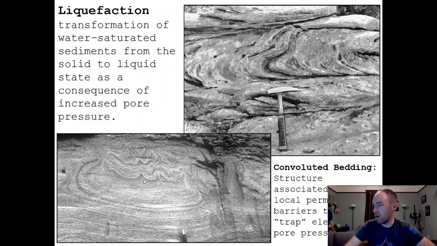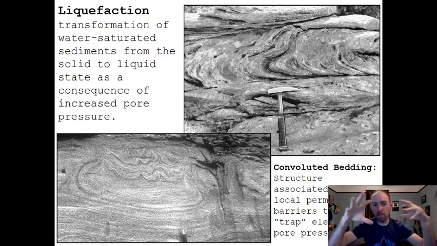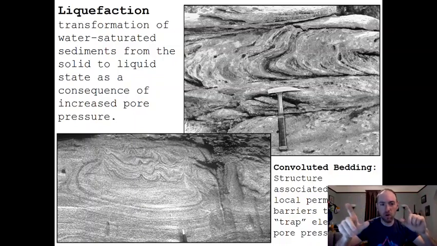You get convoluted bedding where there might be a permeability barrier as this fluidized sediment starts to try and flow, and it reaches some resistant trap somewhere. And so either that can start to become more convoluted in that region where the sediment was trying to flow, or it can eventually escape out, right? So you end up with really interesting structures that result from that, and they can get very complicated, but really all they tell you is that this sediment was fluidized. They're ooh-ah structures, but often not terribly useful in terms of interpreting the actual environments of deposition.